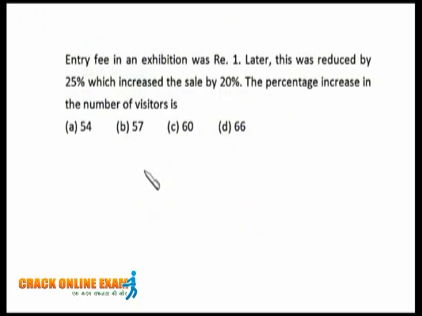Now in this question, the entry fee in an exhibition was ₹1. Later this was reduced by 25%, which increased the sales by 20%. We have to find out the percentage increase in the number of visitors. Further, there are two variables, the entry fee and number of visitors.